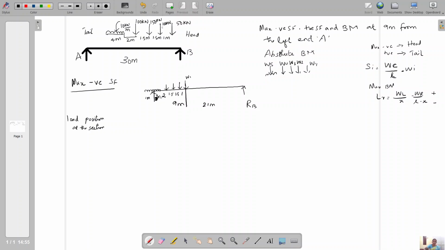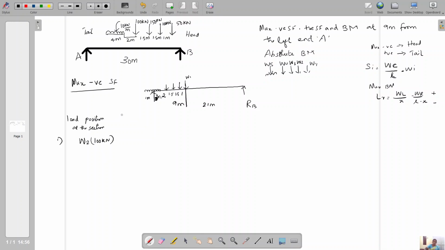W2 means this 100 kilonewton. So for the first trial itself, the load position is W2, that is the 100 kilonewton load. We mention W1, W2 because some of the loads are repeated, 200s are there, so we have to mention whether it is W1 or W4. First load is W1, second is W2 and so on.